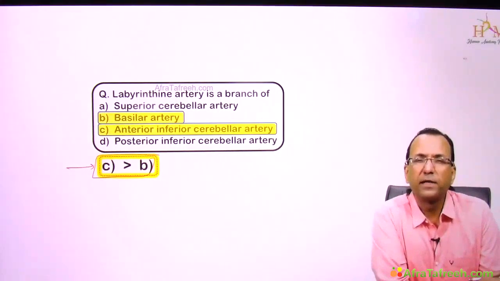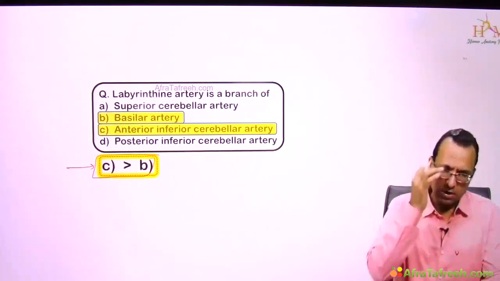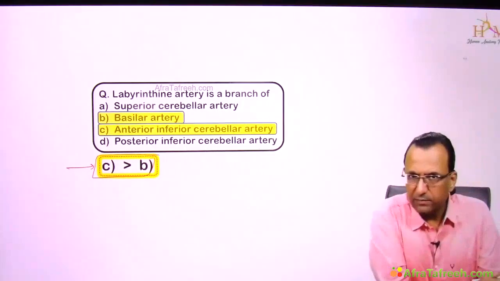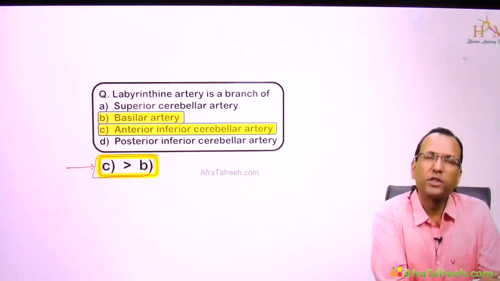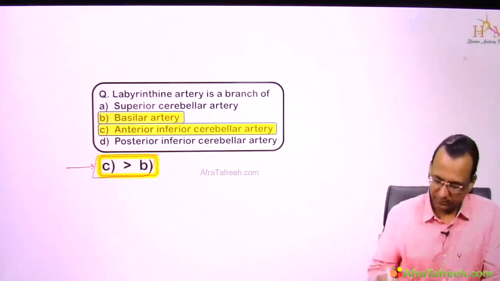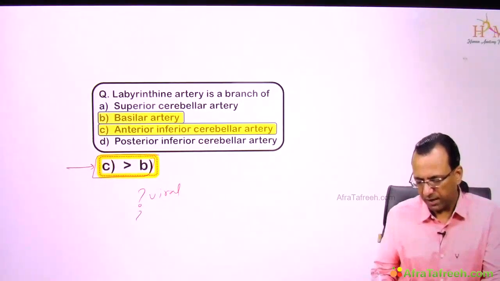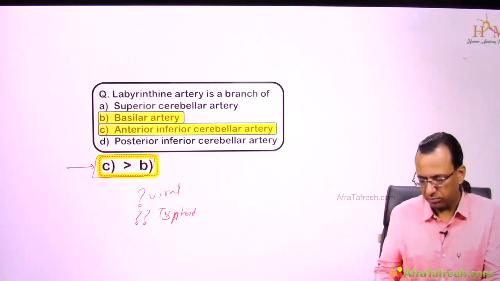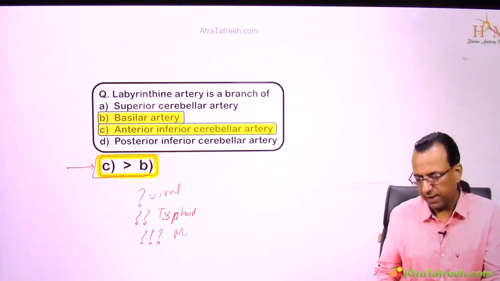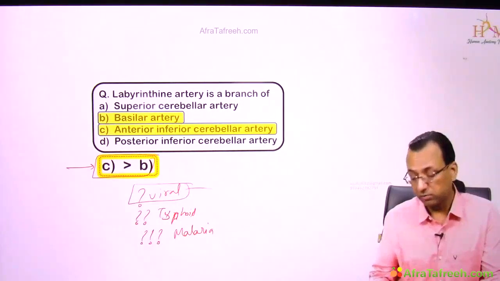Most appropriate answer. It is just like a case of fever has come, and what is the differential diagnosis? Mostly I'll say viral. But can't it be typhoid? Yeah, maybe. Can't it be malaria? Yeah, maybe. So like that you write in your case sheet, isn't it? One query, viral, because this is most common.